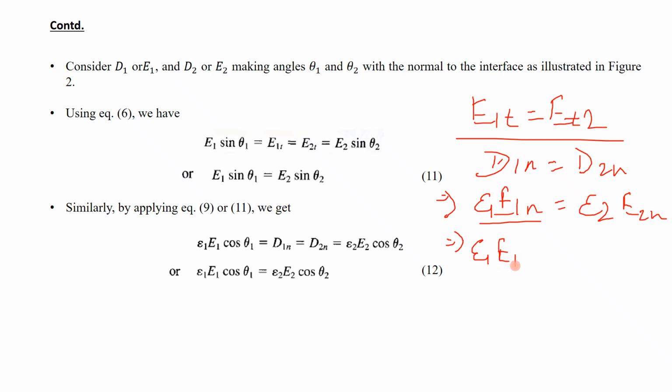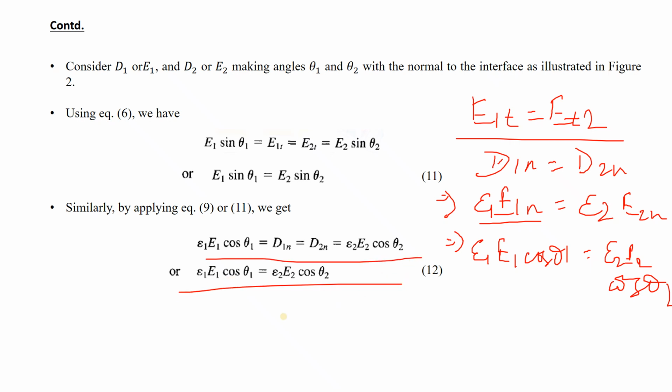The normal component involves cos, so epsilon 1 E1 cos theta 1 equals epsilon 2 E2 cos theta 2. These are the two equations.